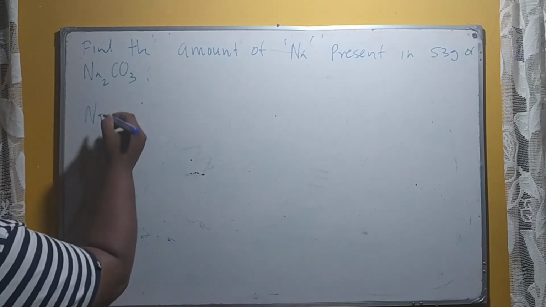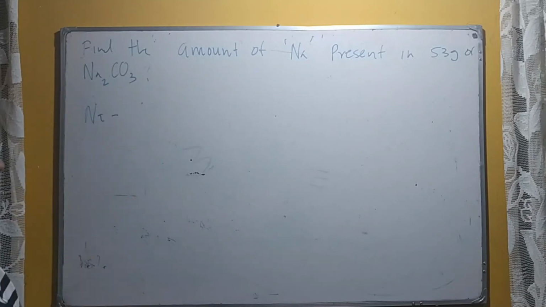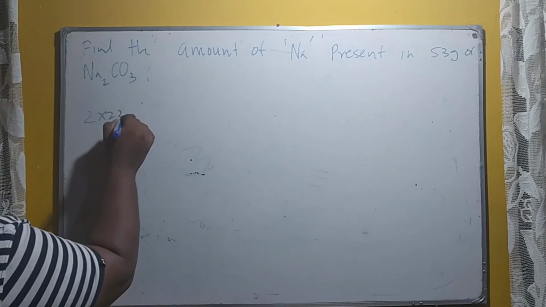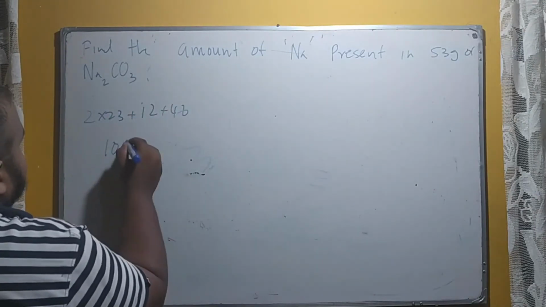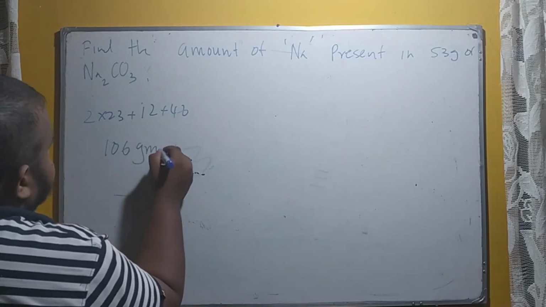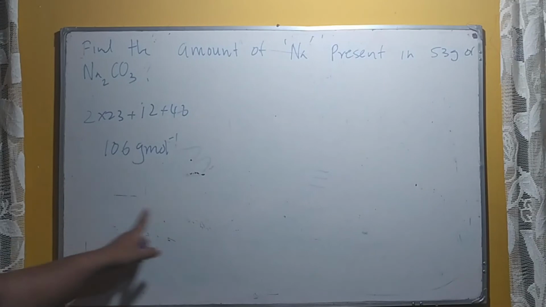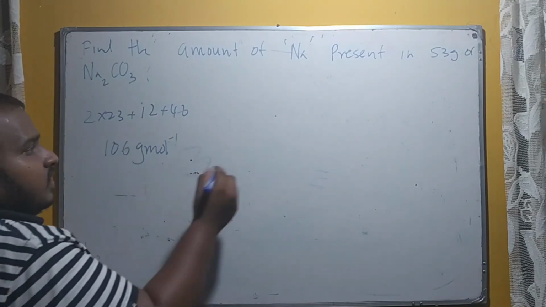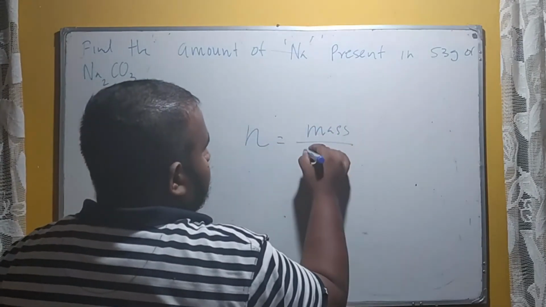So what is the molar mass? Sodium is 23, carbon is 12, oxygen is 16. So sodium means 2 into 23 plus carbon 12 plus 48. The answer will be 106 gram per mole. This is the molar mass. So we know the equation that mole is equal to given mass over molar mass.